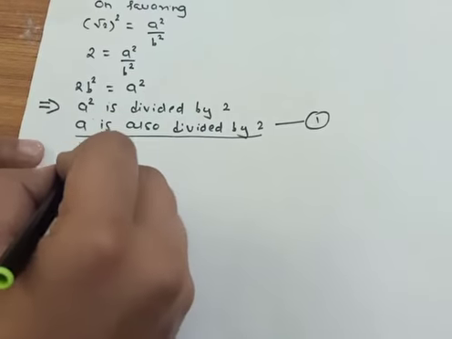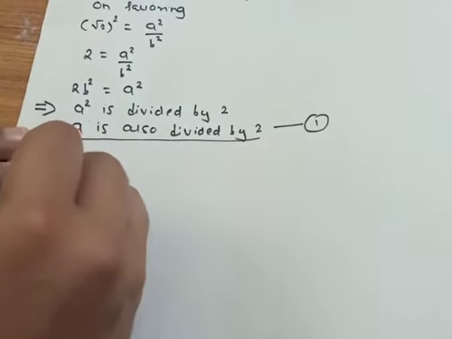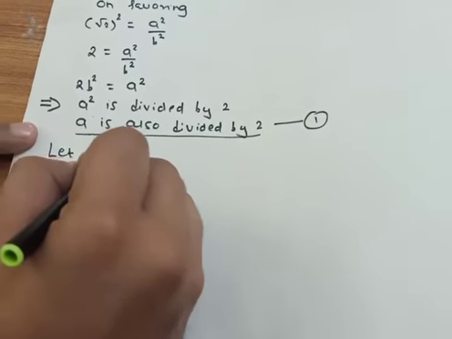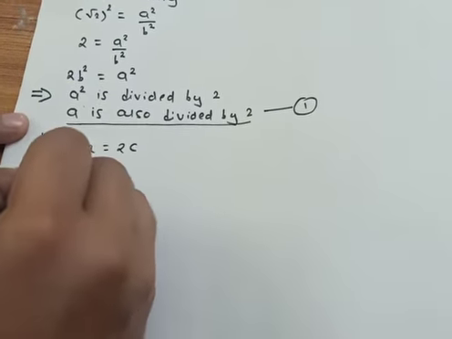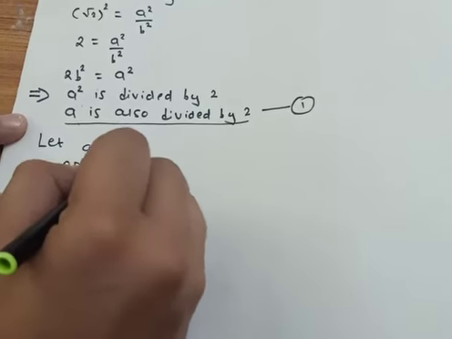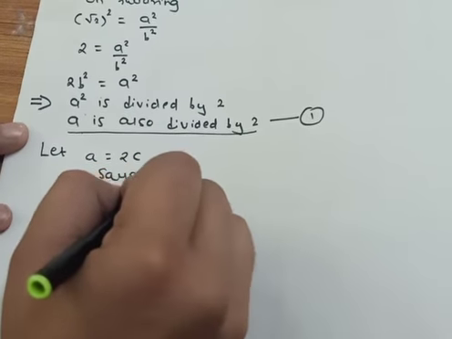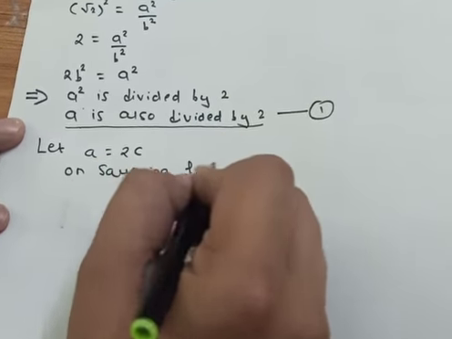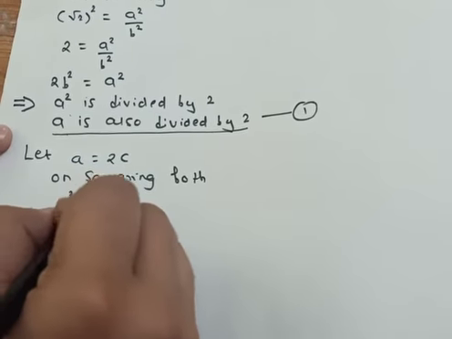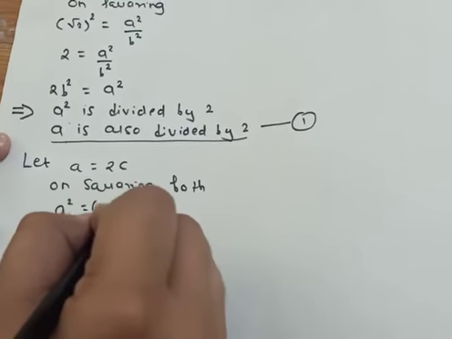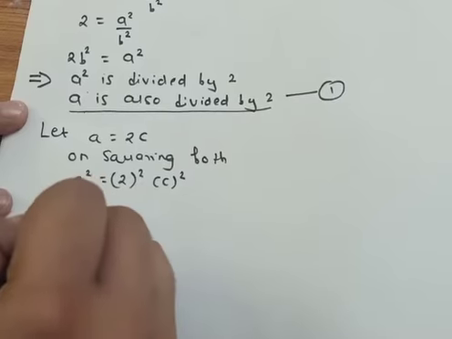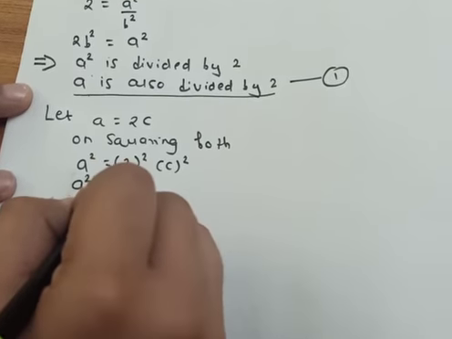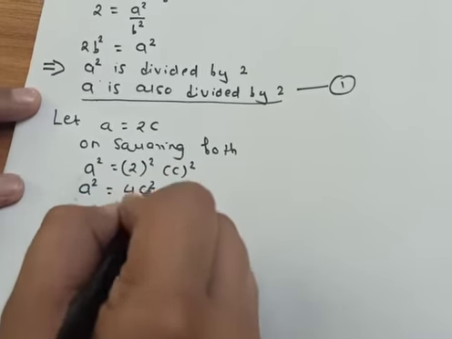Now let us assume a equals 2c. Again square both sides. What is the square of a? a square equals the square of 2, which is 4, and the square of c, which is c square.